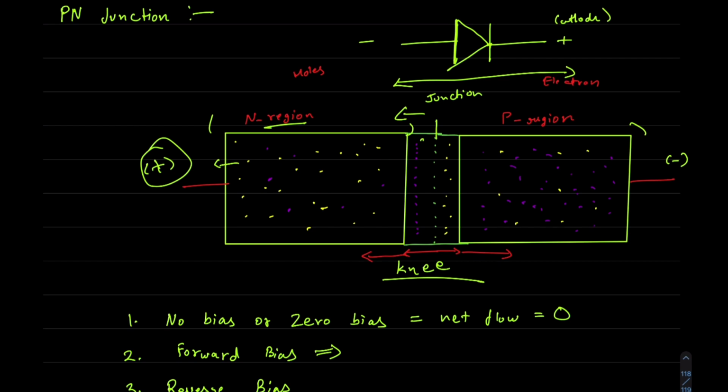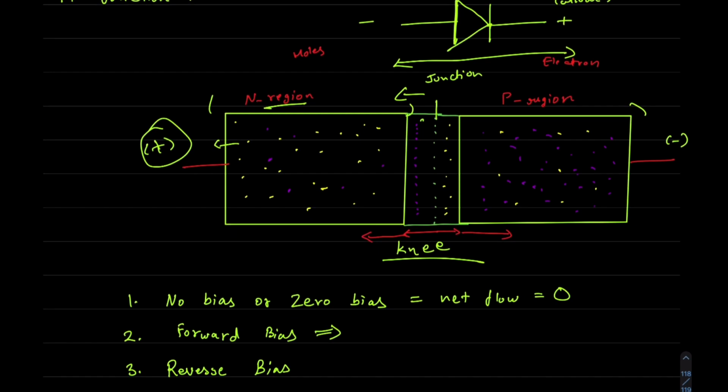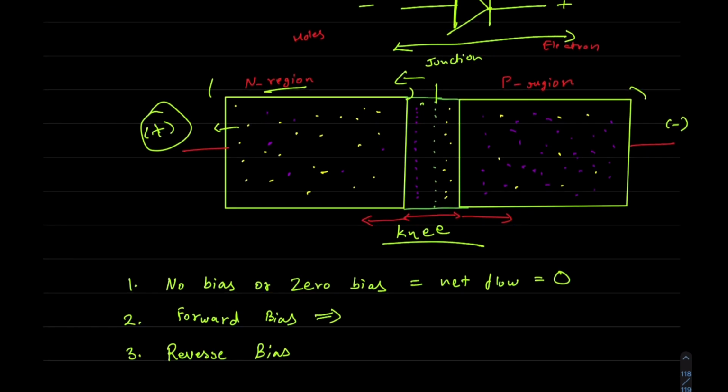So this very, very small current, in the amounts of nanoamperes, is called reverse saturation current, and this reverse saturation current is represented by I naught or IS. IS. I didn't say that correctly.